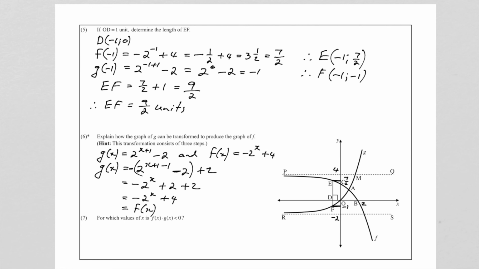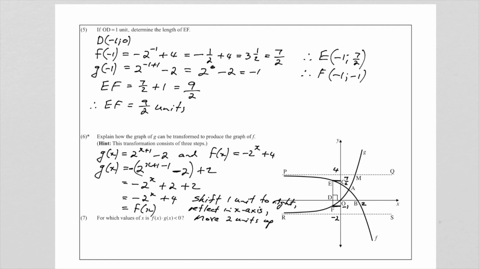So what did we do? We shift 1 unit to the right. If we want to summarize this, we shift it 1 unit to the right, then we reflect in the x-axis, and then we move 2 units up.